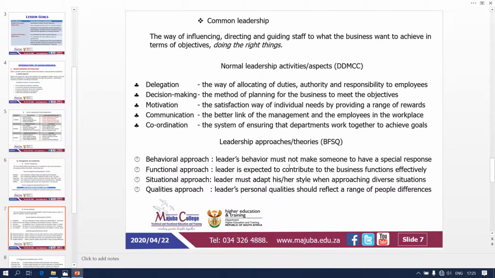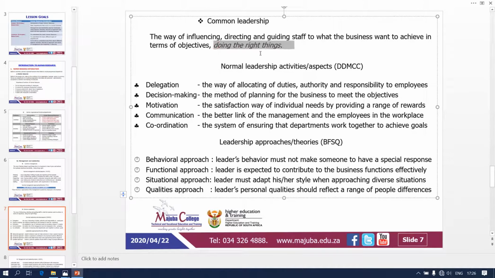Okay, let's move on. Common leadership is the way of influencing, directing and guiding staff to what the business wants to achieve in terms of objectives. Remember what I said? This now tends to be the opposite, but doing right things. This thing is still correct: doing the right things. Remember, the manager does things right, but this one is about influencing, directing and guiding.